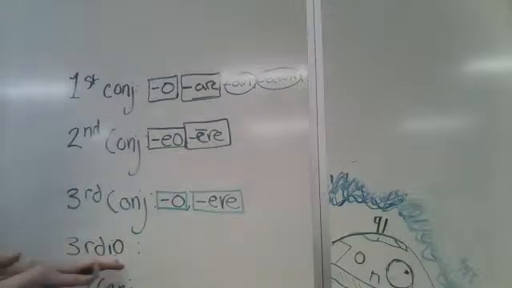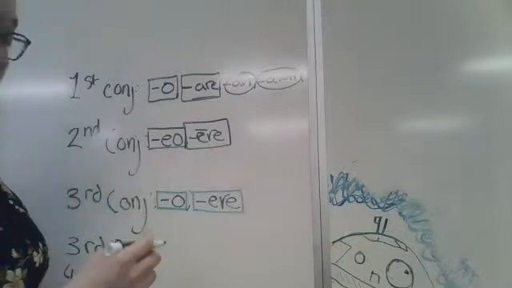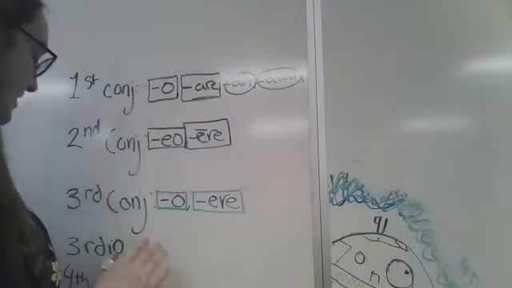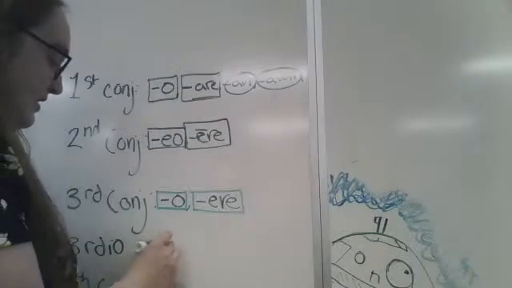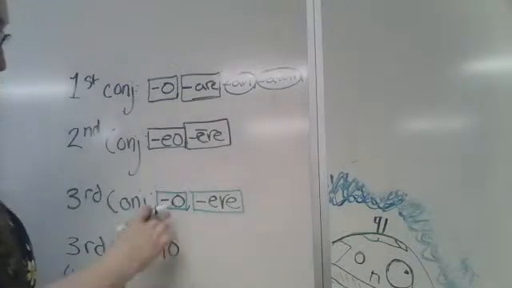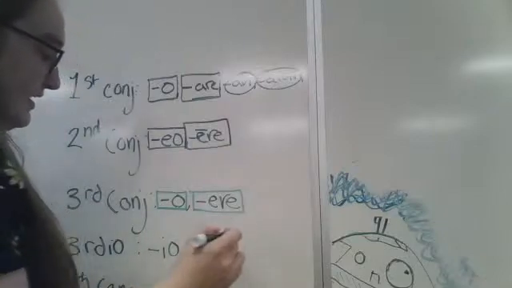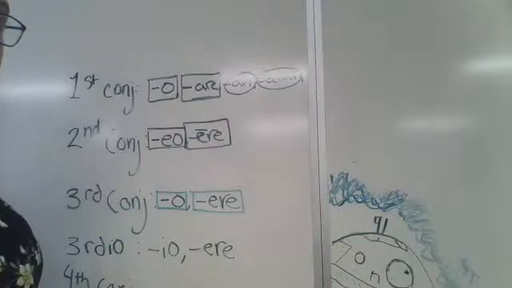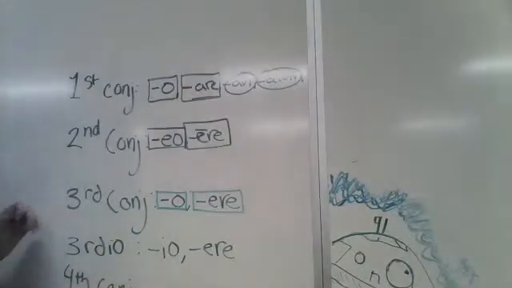In third IO, it's going to be similar to third conjugation because they're sort of part of the same conjugation. It's just third IO is part of a smaller subset. It's going to be IO instead of just O, but it's still going to be ERE, a short E. So the only difference between third conjugation and third IO is that the first part of these verbs has an IO.